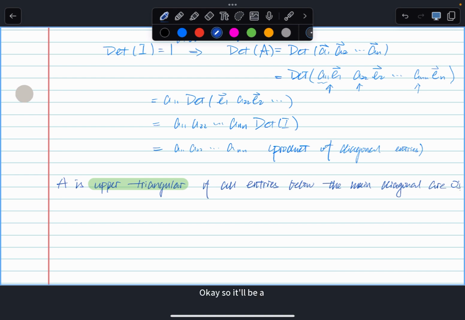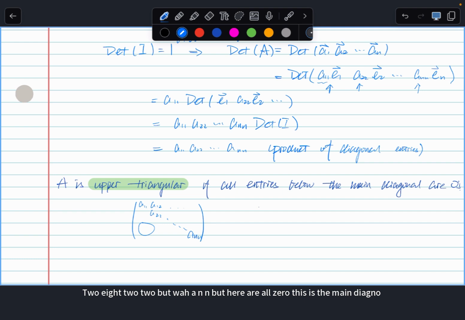Okay, so it'll be a matrix that looks like this. There are some entries A11, A12, A22, all the way to Ann, but here are all zeros.